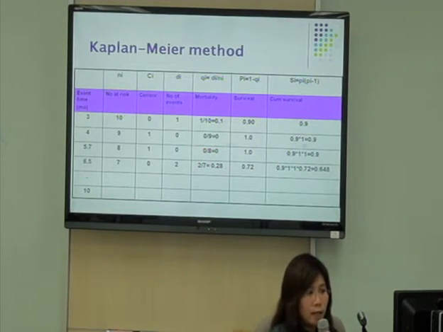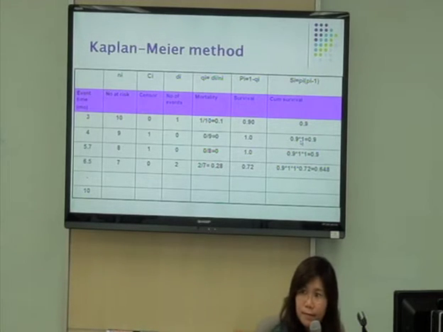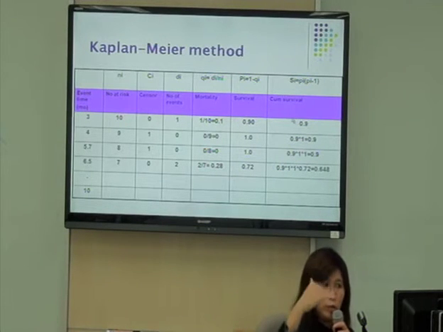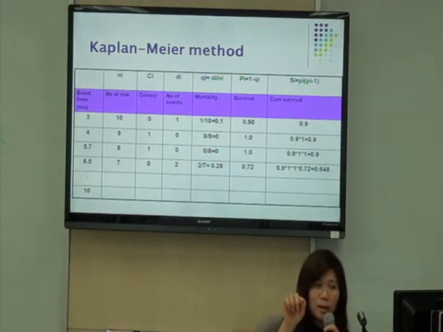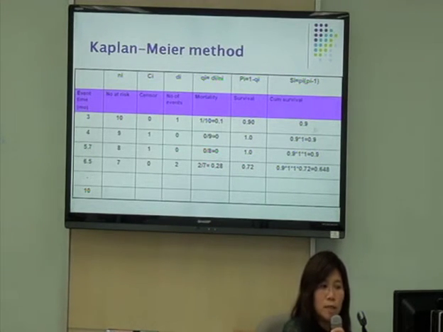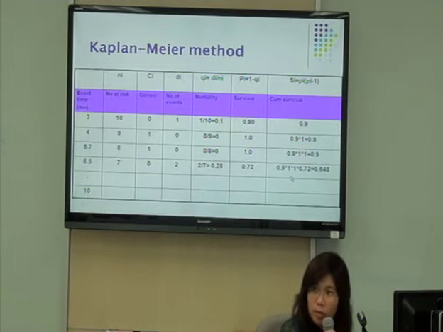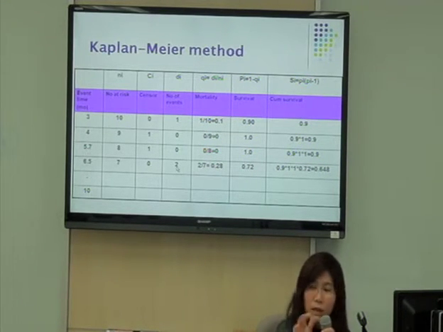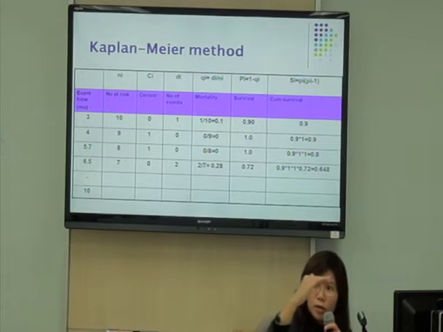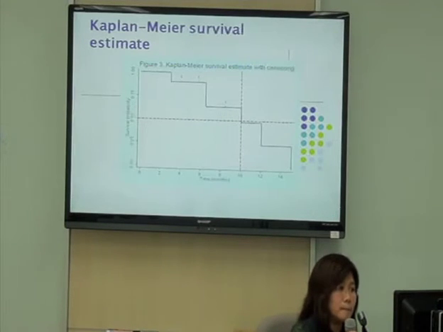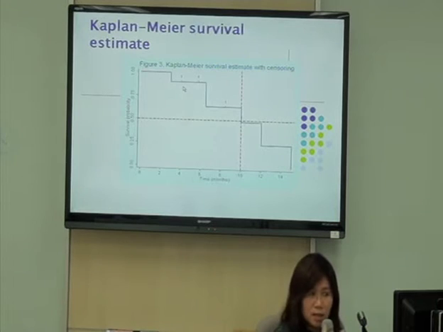You don't have any effect on the cumulative probability, but it shows you the calculation at this event time. The cumulative still stays the same, 0.9, 0.9, because these are censored too, not affecting the cumulative survival. Only the number of events will affect the survival. So when you draw the survival curve, you will see like this. This is the same example.